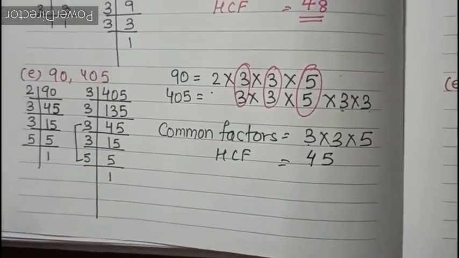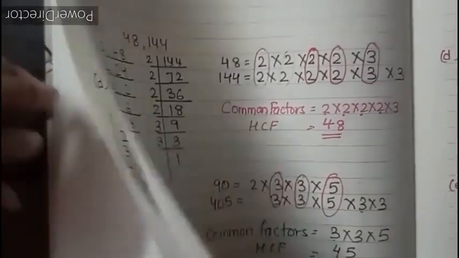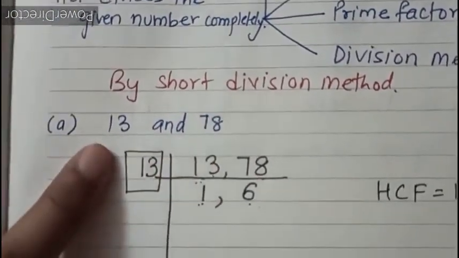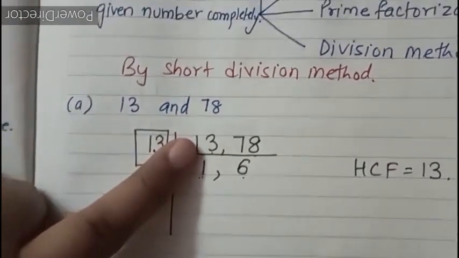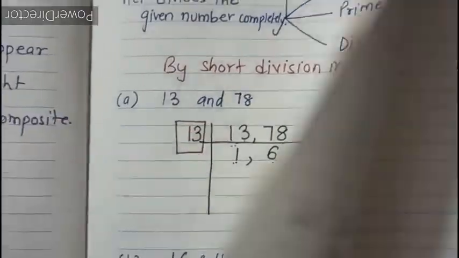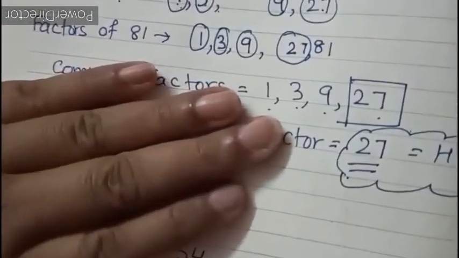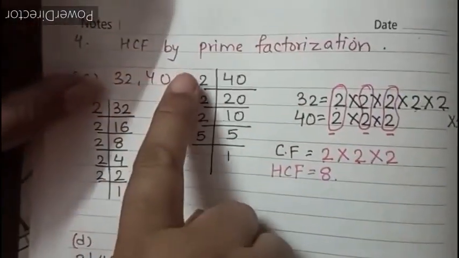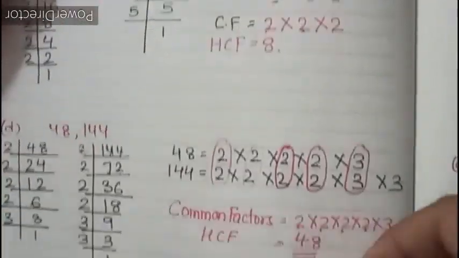Children, let's have a glance at what we have done till now. We have done the division method to find the HCF of 2 numbers. I'll show you how to find the HCF of 3 numbers also. Then we did HCF by listing common factors. Then we have done HCF by prime factorization method.